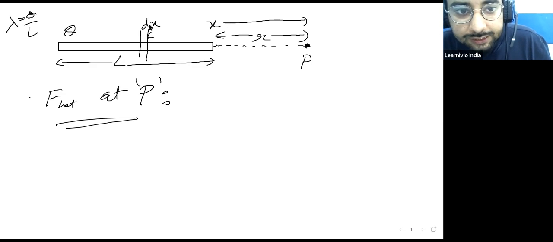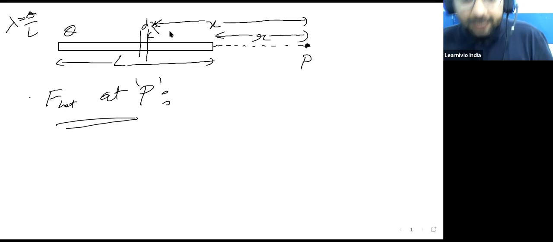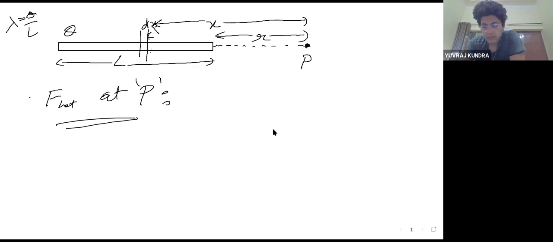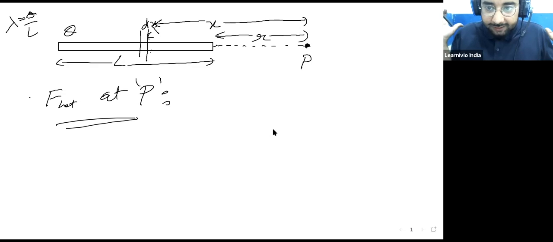If I find out the force acting because of this small element of charge, then I can add up all the elements and calculate the net force, right? That is the strategy we are going to use.